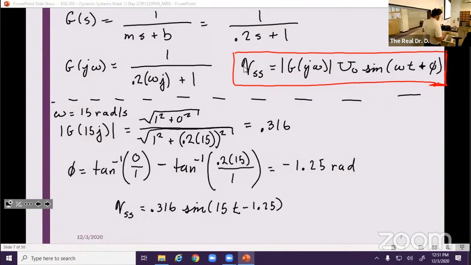There's the steady state response for my velocity at 15 radians per second. And now we're going to rinse and repeat and do the same thing at 60 radians per second.